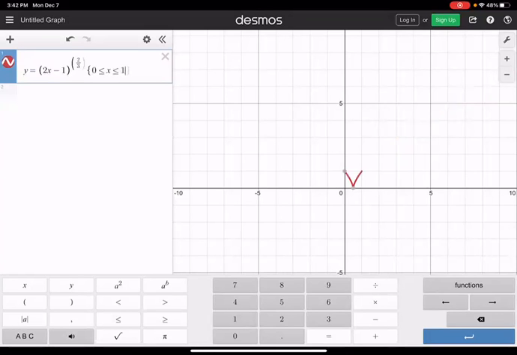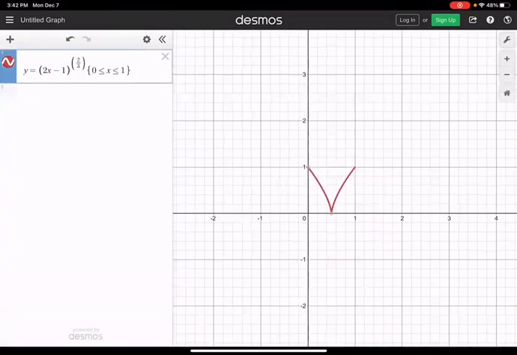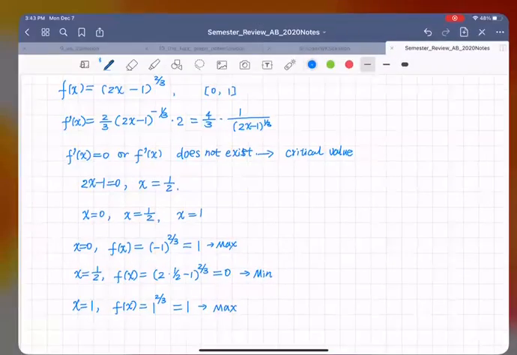Look at this. This is the min value. This is the maximum value, okay? This min value happens where the first derivative doesn't exist. This max value happens at the location on the edge, okay? Makes sense now? Okay.